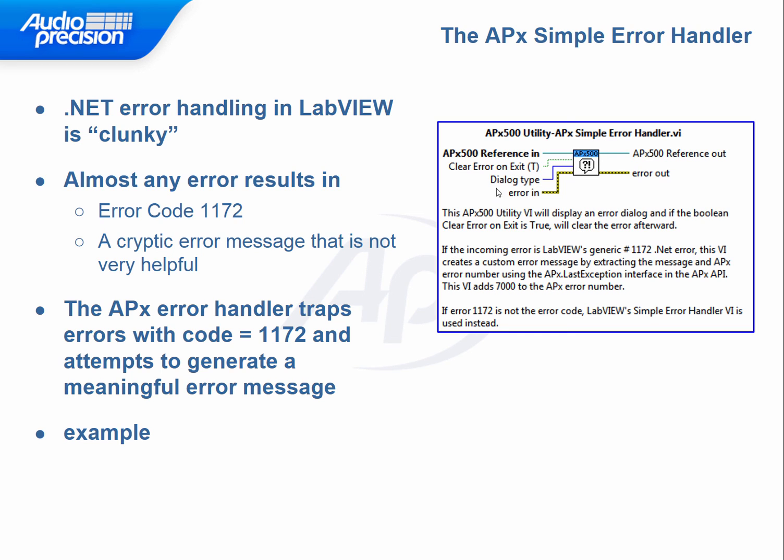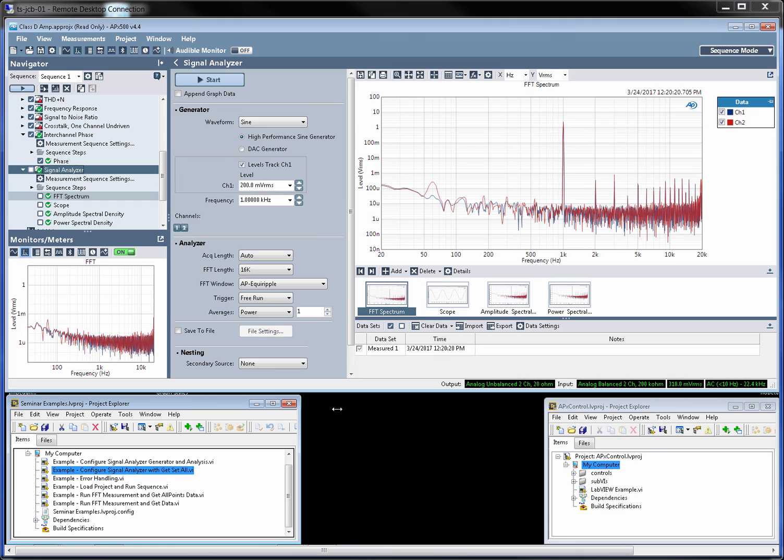So what this error handler does is it traps any errors with code 1172, and then it calls an API from the APx500 that gives it the last error that occurred in APx, and it gives you an error message that is much easier to interpret.